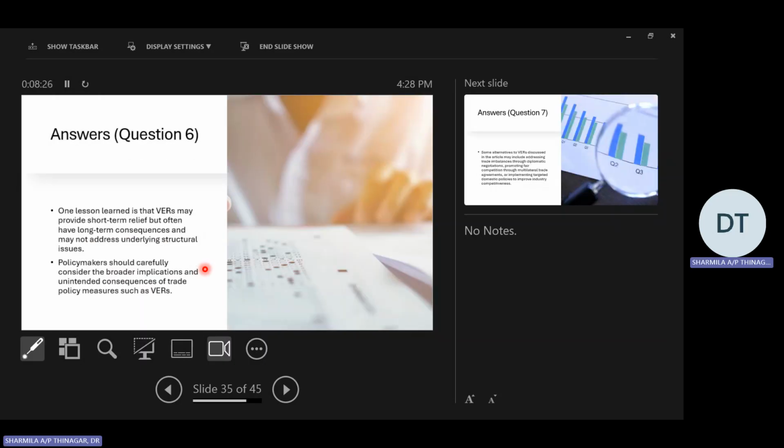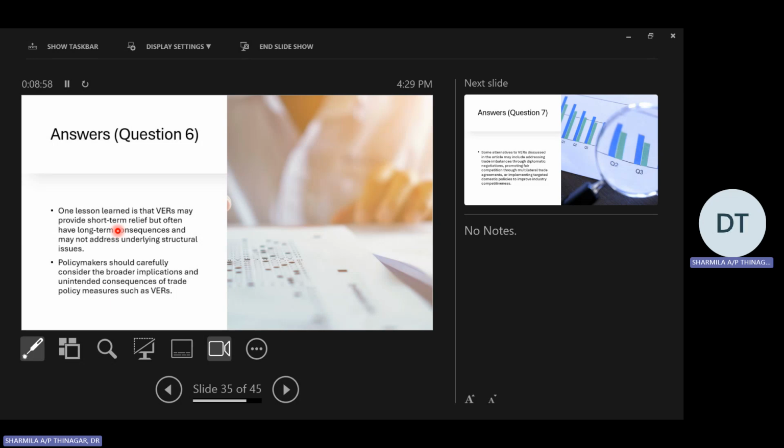Number 6, the lesson learned. This one is based on your own idea. It can be anything, it can be subjective. There is no wrong or right answer, as long as you give me a right justification, I can accept it. So the suggested answer here is VER may provide short-term relief, like a temporary solution, but often has long-term consequences because we are not solving the main issue.